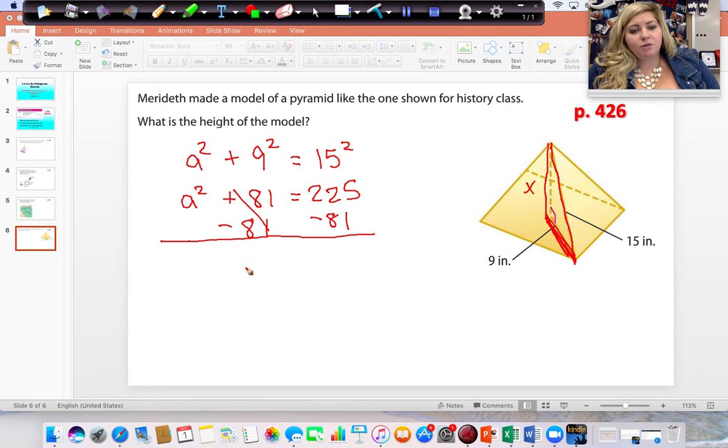This cancels, and we're left with A squared on the left, and 225 minus 81, which is 144, and the square root of 144 is 12, because 12 times 12 gives us 144. So my answer is that the height is 12 inches.